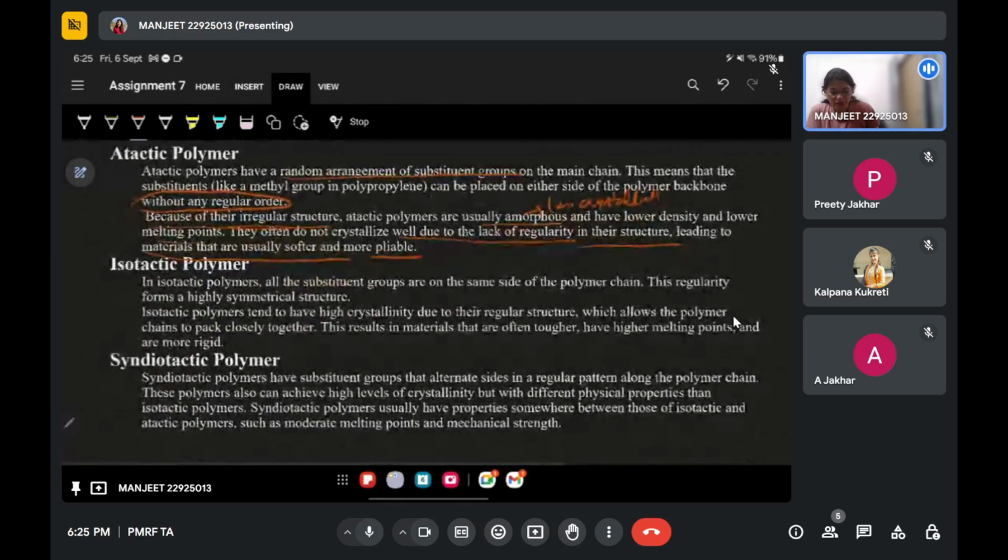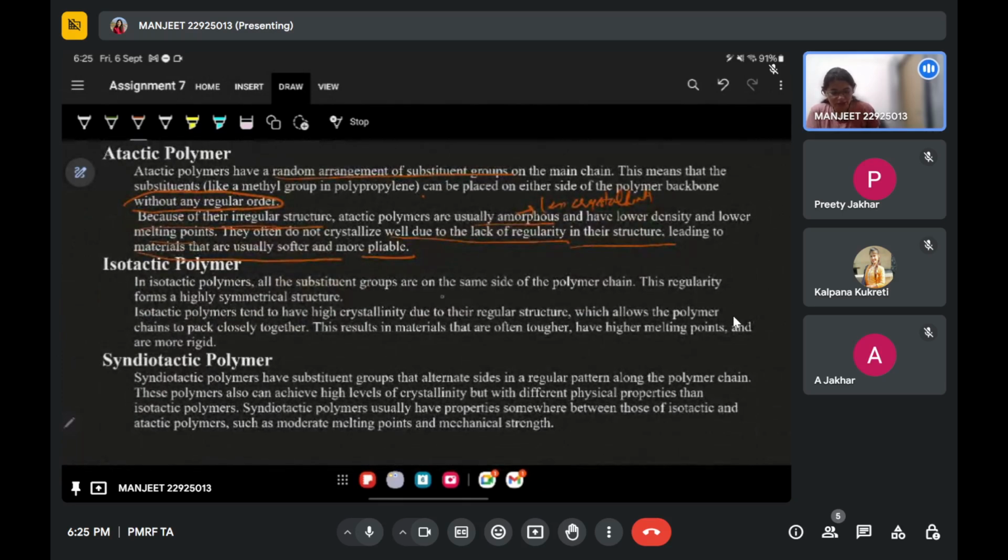In isotactic, the side groups are on the same side of the polymer chain, and this regularity forms a highly symmetrical structure, giving high crystallinity. It allows the polymer to pack closely together in the symmetrical pattern, so isotactic polymers are often tougher, with a higher melting point and more rigid than atactic polymer.